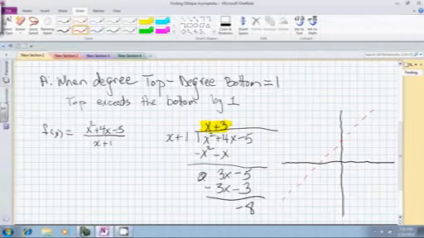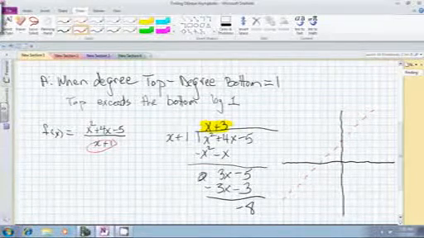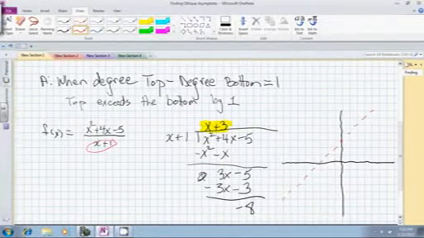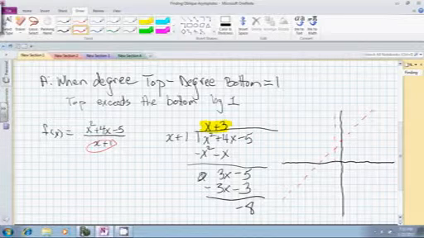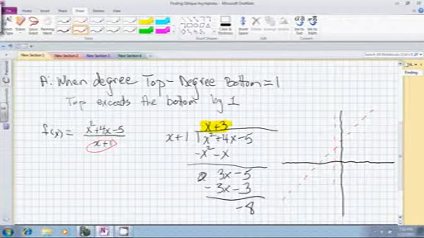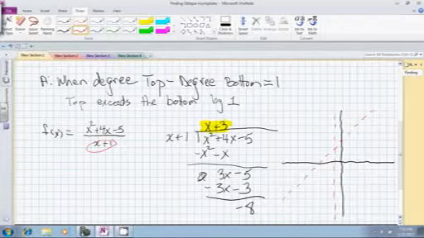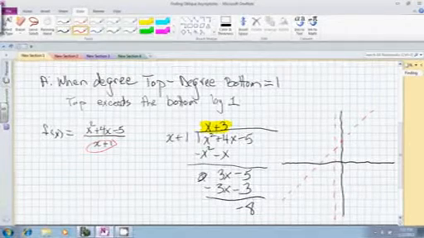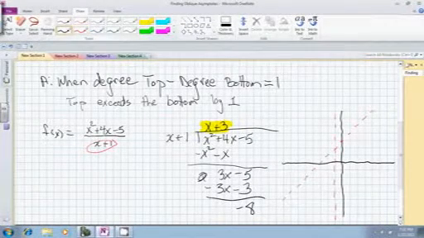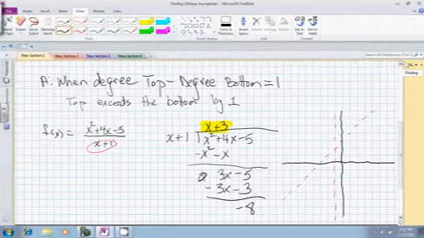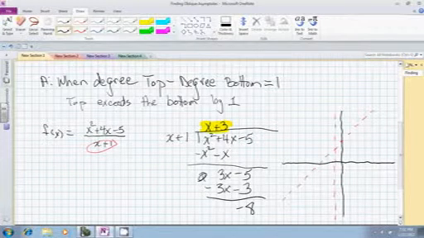Alright, also if you notice, the bottom is undefined at negative 1, so that would be a vertical asymptote. If you have an oblique asymptote, you will not have a horizontal asymptote, because if you remember, if it's top heavy, horizontal asymptotes don't exist.